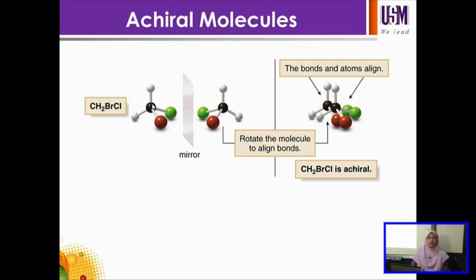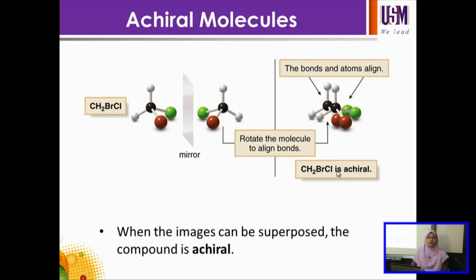When we place molecule A in front of a mirror, we will obtain molecule B. But when we rotate molecule B, we can see that it's actually identical to molecule A. So we can say that bromochloromethane is achiral. Achiral is when the images are superimposable.